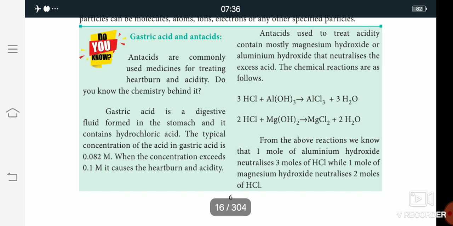In the second reaction, 2 moles of hydrogen chloride and 1 mole of magnesium hydroxide give 1 mole of magnesium chloride and 2 moles of water. This is the mole concept of the equations.